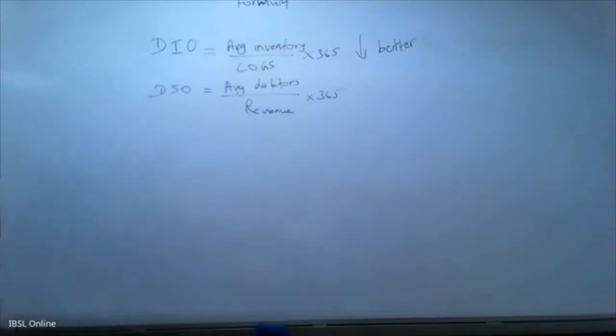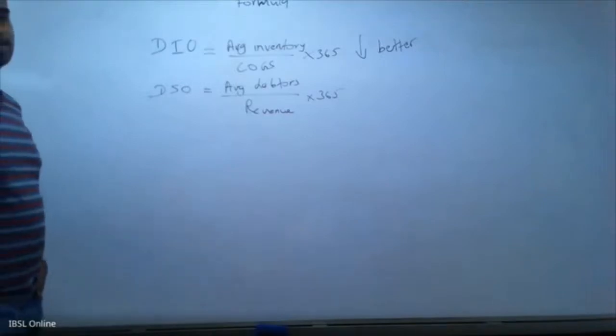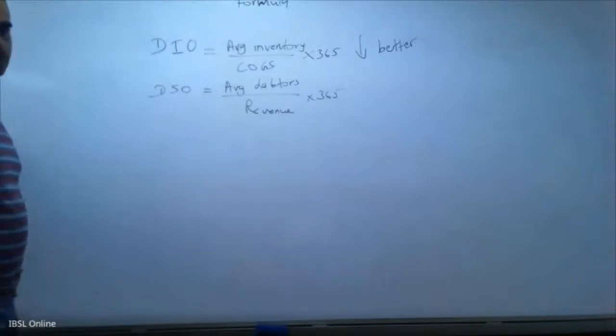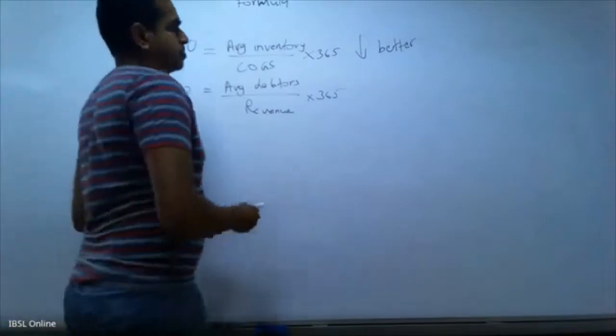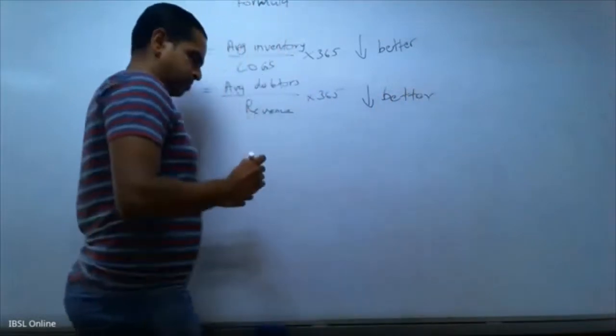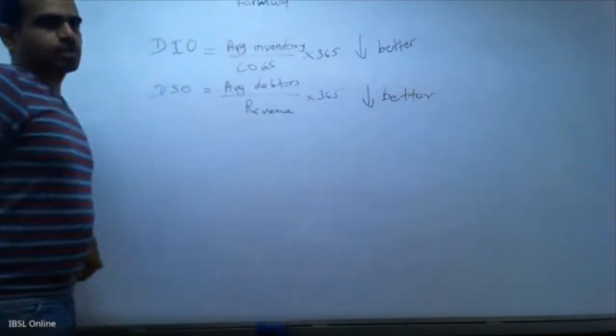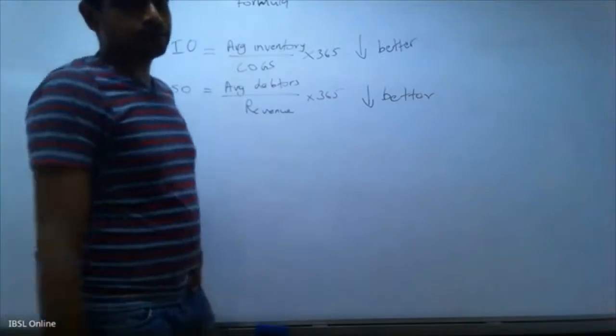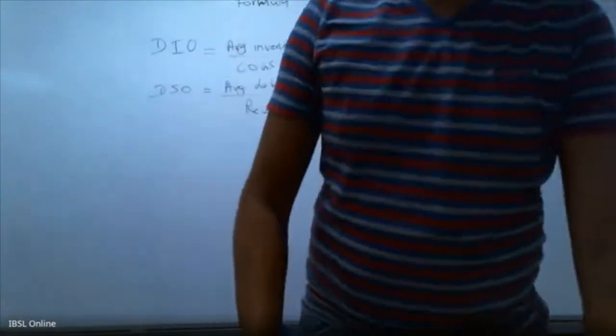Days sales outstanding looks at the number of days needed to collect the sales and involves accounts receivable. Accounts receivables are debtors, while cash only sales have days sales outstanding of 0. People do not use credit extended by the company, so this number will be positive. The smaller the better. Days sales outstanding is average accounts receivable divided by revenue per day into 365. And average accounts receivable is beginning plus closing divided by 2 on accounts receivable.